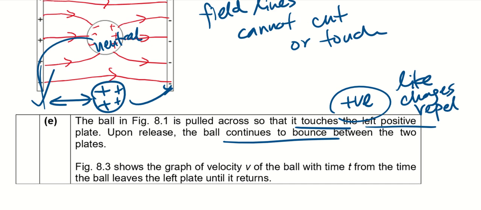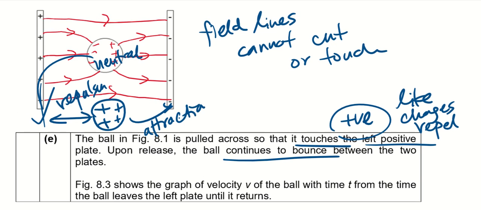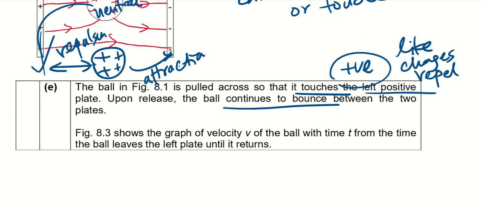So there are actually two forces, one is repulsion, one is attraction. This force will cause it to touch the negative plate, and the cycle will then repeat, because once it touches the negative plate, electrons will go into this metal ball, making it net negative, and then the cycle continues.